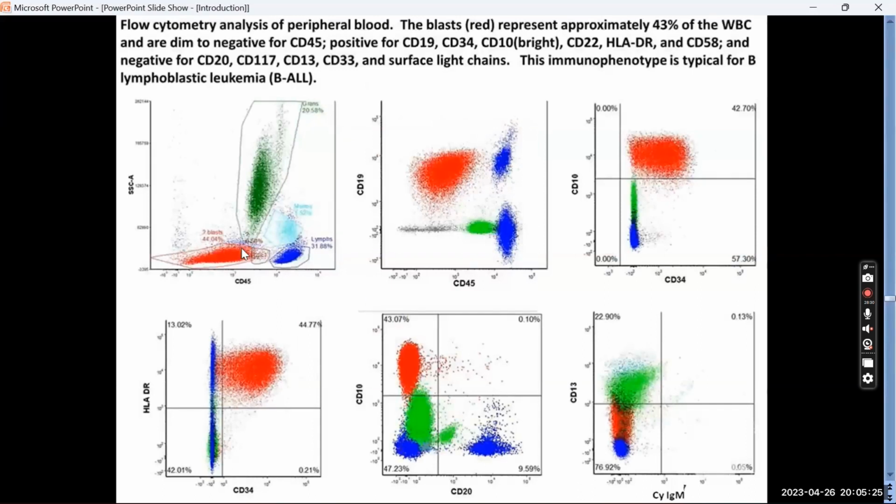Flow wise, this particular population in red, you see CD45 is negative to dim. This is the neoplastic population, red in color. I suppose everyone knows the scatter. This is one among the universal plots, side scatter versus CD45. Whenever you are analyzing flow data, you need to draw 4 to 5 plots for all cases, which I call universal plots.